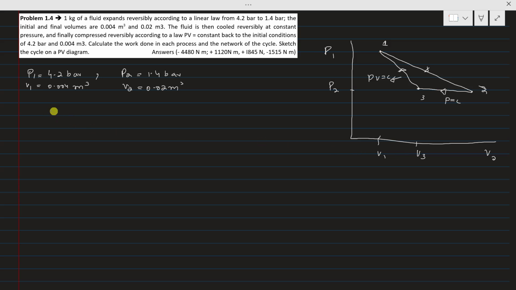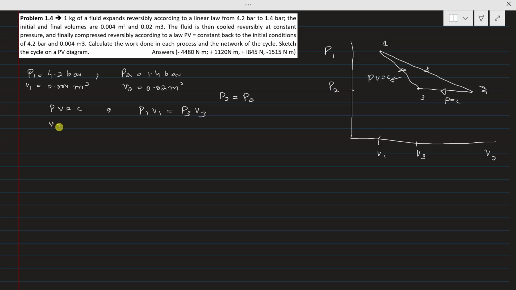To find the V3 value, we know that PV is equal to constant from 3 to 1. So I can say that P1 V1 is equal to P3 V3. You know that P3 is equal to P2 because it is on the same constant pressure line, and its value is 1.4 bar. I'm interested in finding the V3 value.